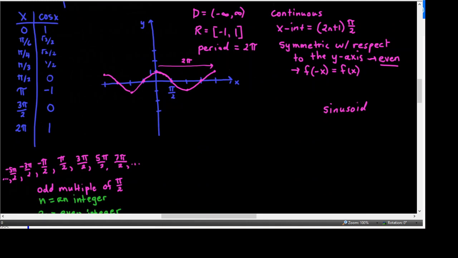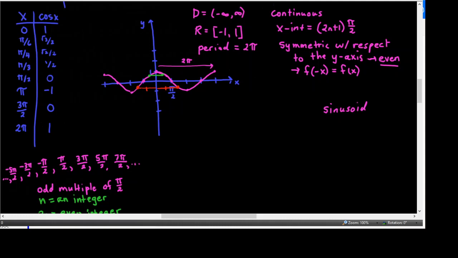If you have symmetry with respect to the y-axis, if you pick any point whatsoever that's on the curve and draw a line perpendicular to the y-axis and measure it, then go the other side of the y-axis the same distance, you will land on a point that's on the curve. So any point whatsoever, pick this one, there's its symmetric point.